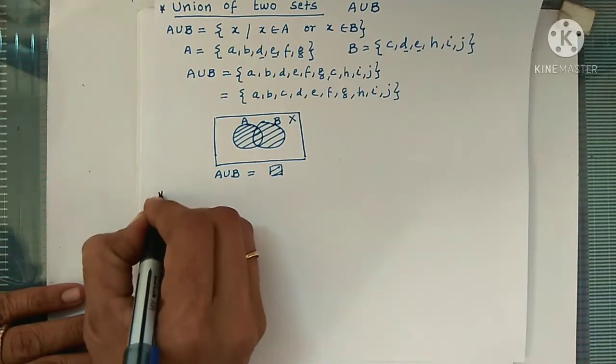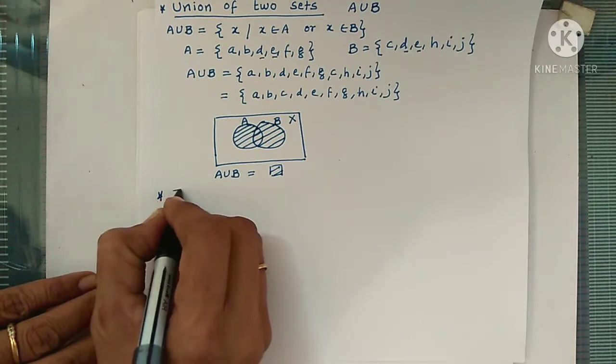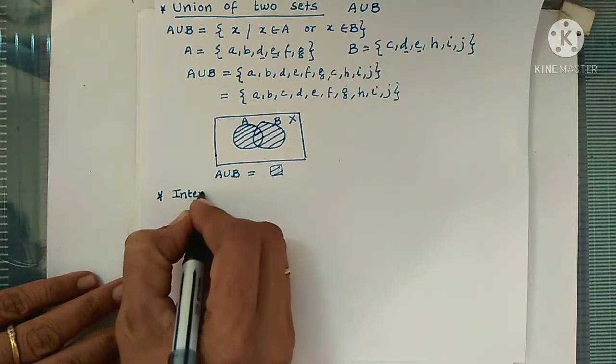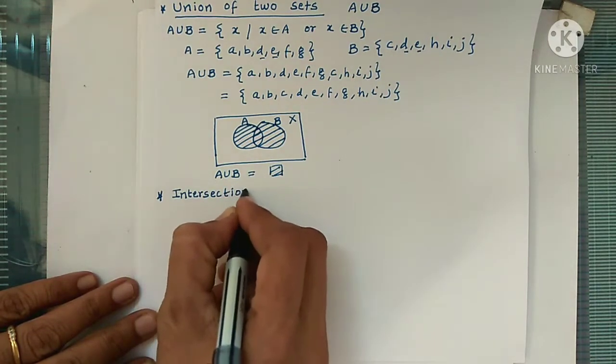Let's study properties of A union B, but before that let's study one more operation on sets, which is intersection, and afterwards we will be studying properties of both union and intersection together. So, intersection of two sets.